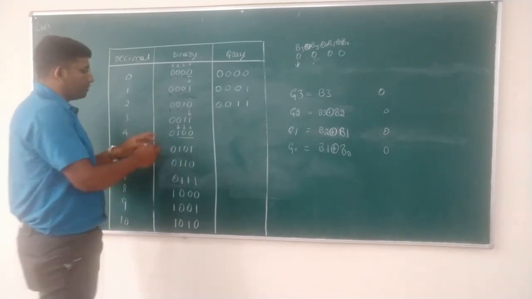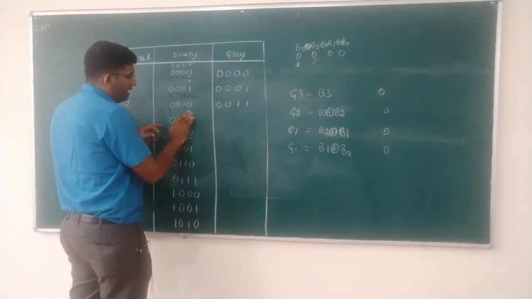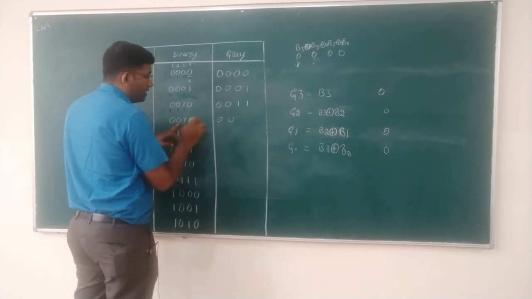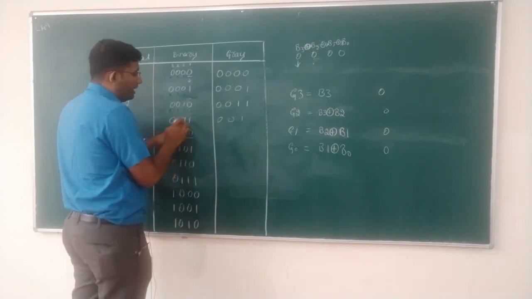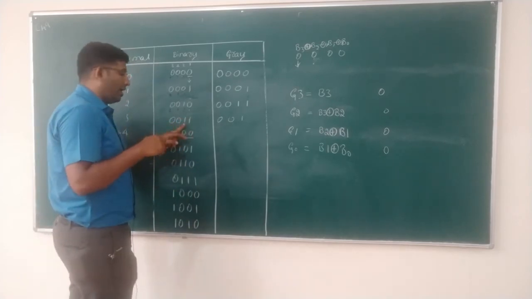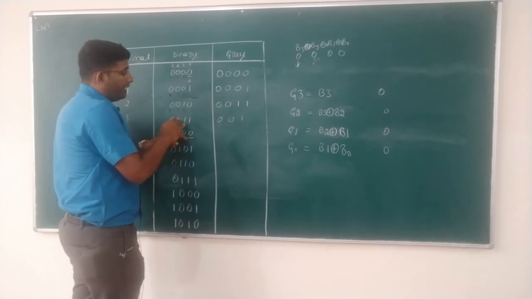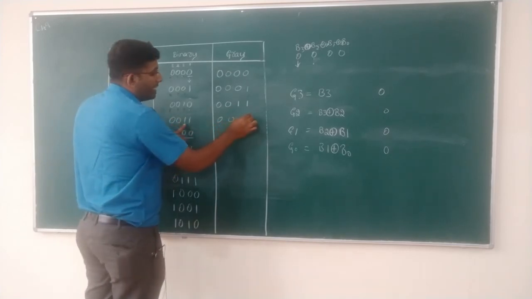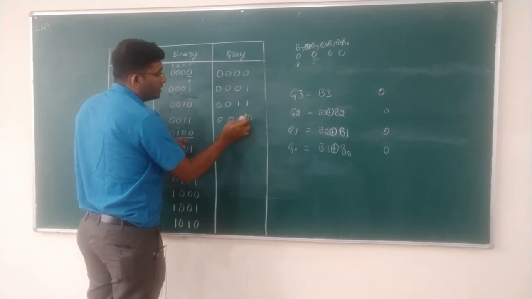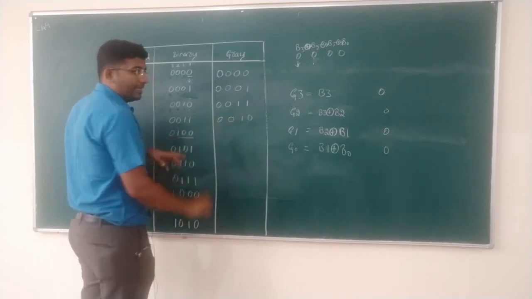Next, if you are considering 3, 0 as it is, 0 plus 0, 0, 0 plus 1, 1, 1 plus 1, there are two ones. I have already told you that if an even number of ones are there, the output is always 0. So here also this 1 is changing to 0, and all the remaining 3 bits are the same.